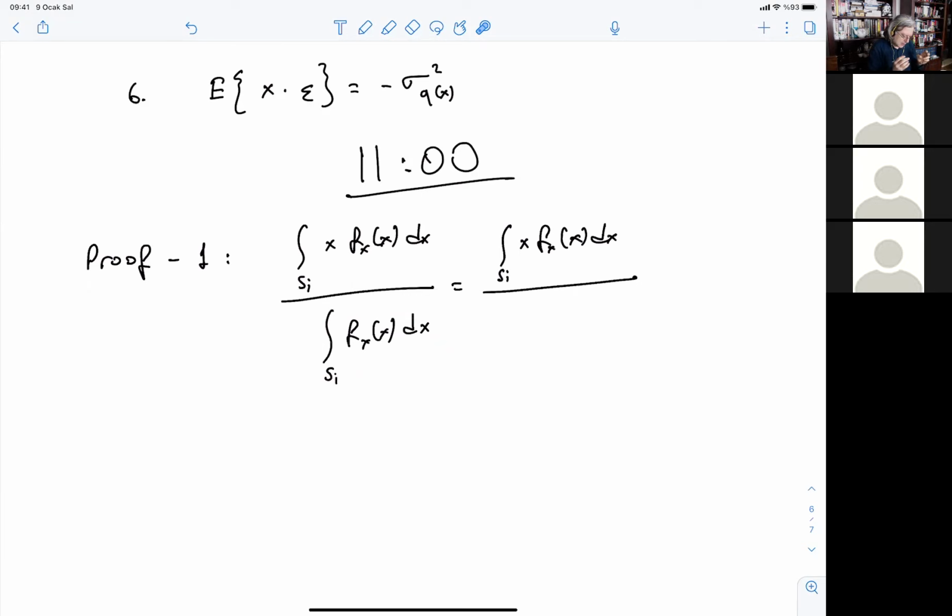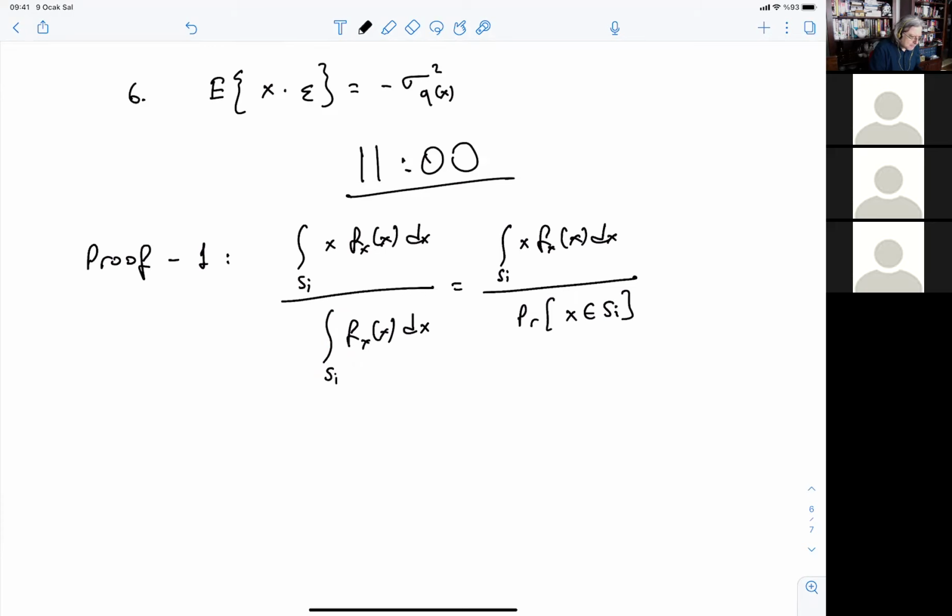So what is the probability that it fits inside Si will be determined by this integral of the probability density function, which will give you a fraction of the whole probability density function, which integrates to 1. So this will be less than 1. So the denominator I will quite simply write as the probability of x being inside Si, essentially.